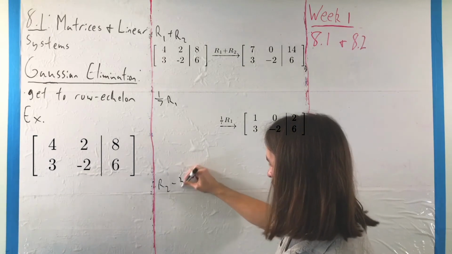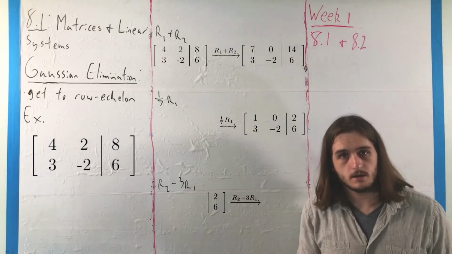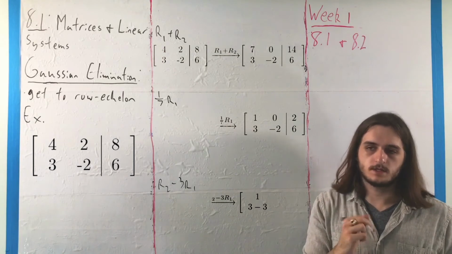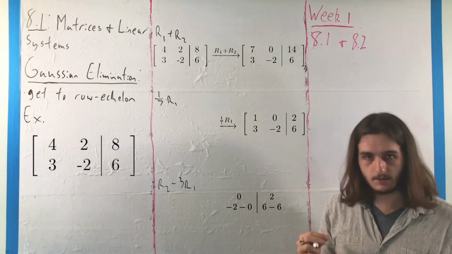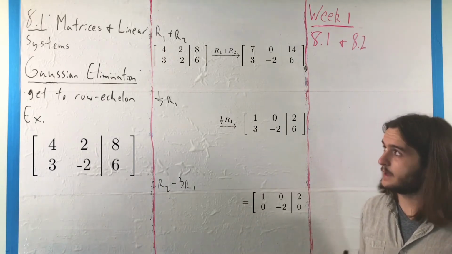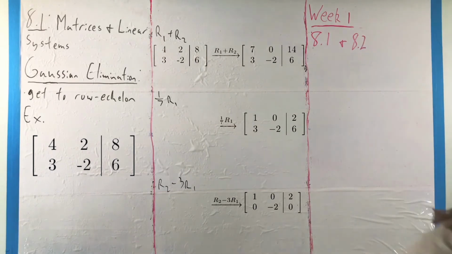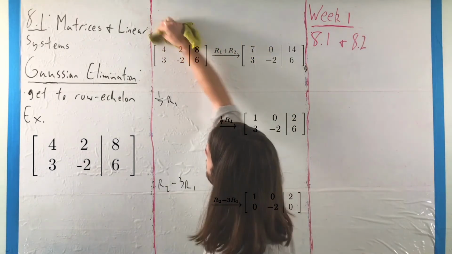row 2 minus 3 times row 1, because we have a 1 in the first entry of row 1, and we can use 3 of those to get rid of the 3 in the first entry of row 2. And that'll clear up that problem. And then from there, I'm going to have to erase a little bit because there's not enough space on my board for all of the work I need.